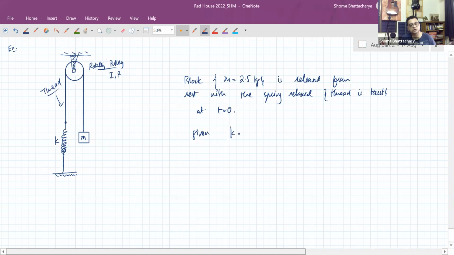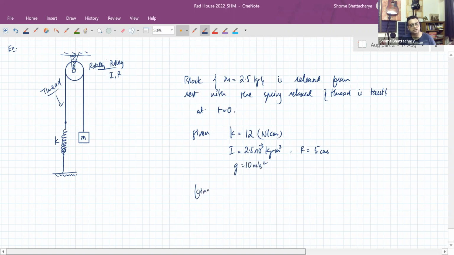So given that the spring constant is, let us say, 12 newtons per centimeter, and the moment of inertia is, let us say, 0.5 kg meter square, and the radius of this is 5 centimeters, and g is equal to 10 meters per second square.